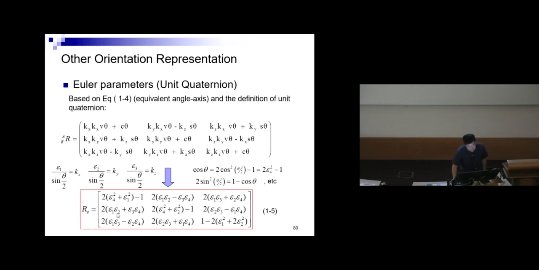So this R epsilon will be defined as 2 epsilon 4 squared plus epsilon 1 squared minus 1, and so on. So you see, you are actually transforming from this equivalent angle axis matrix to this matrix. Follow? So we are not going to go through the derivation. With all this derivation, eventually you will end up with this matrix.